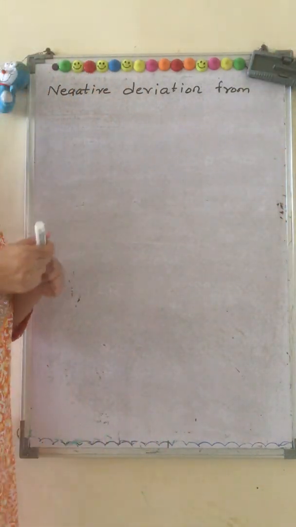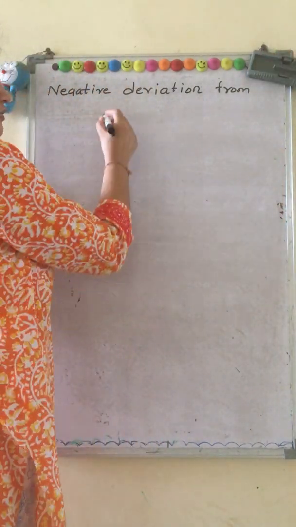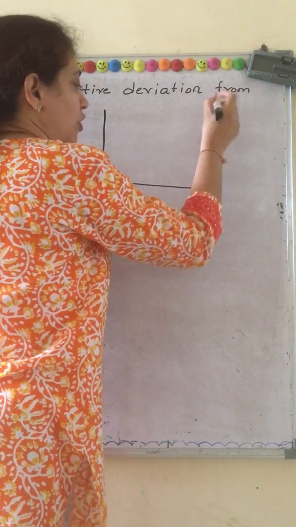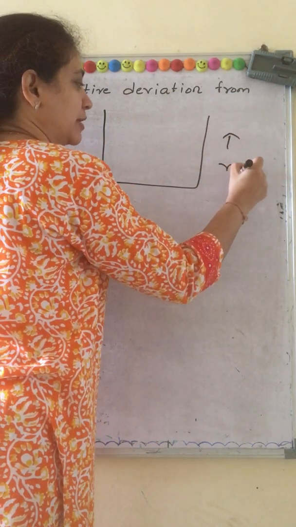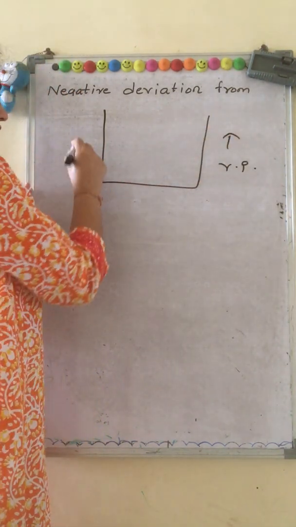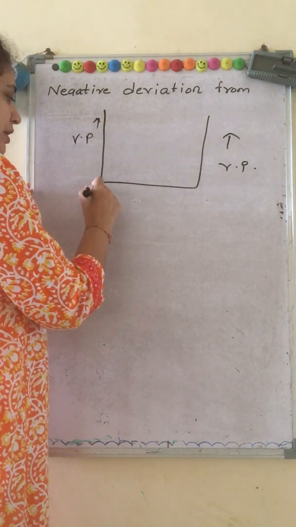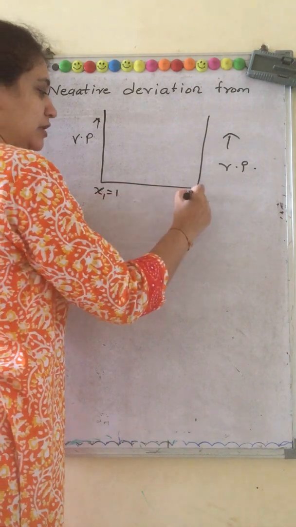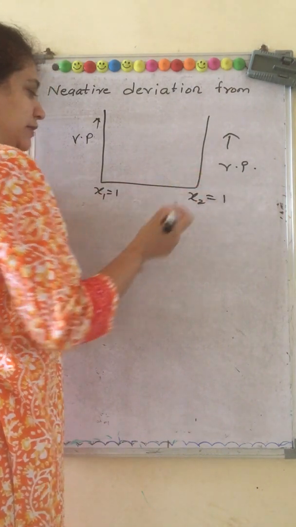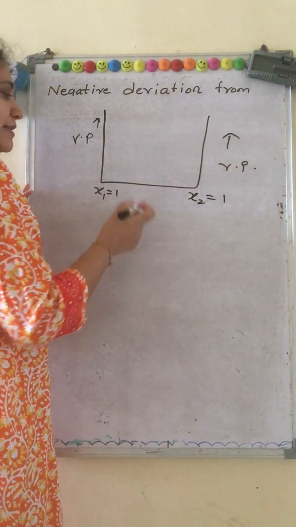If I want to show it graphically, on this y-axis we are plotting the vapor pressures of liquid 1 and liquid 2. This is chi 1 equal to 1, this is chi 2 equal to 1, and on the other side it is 0.